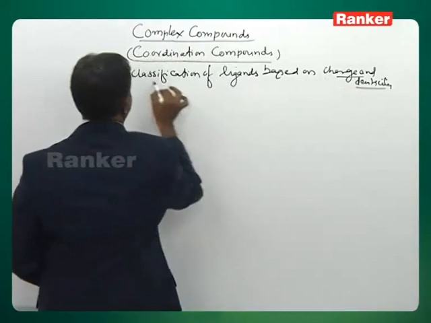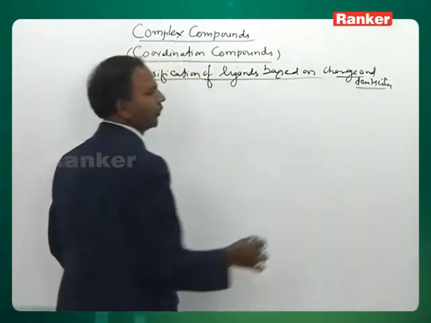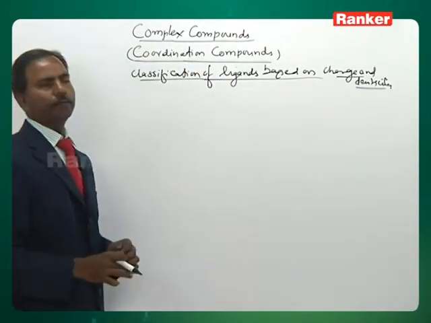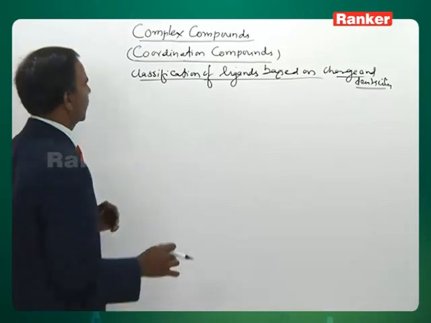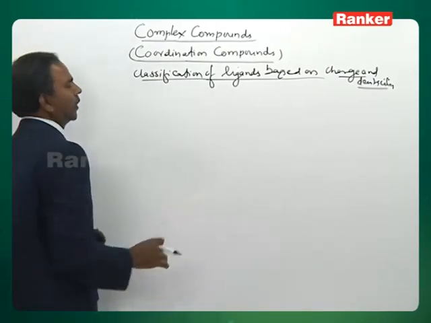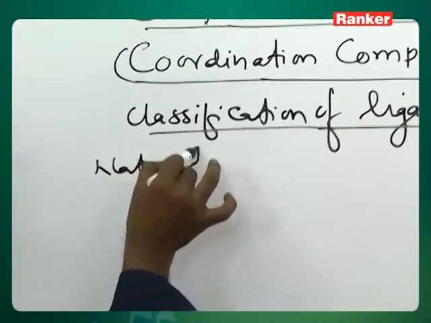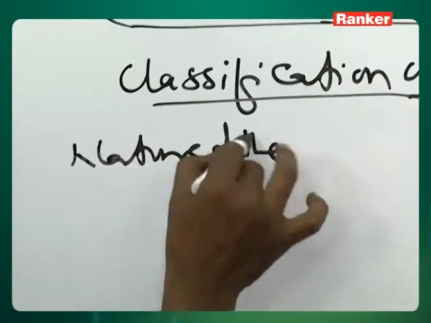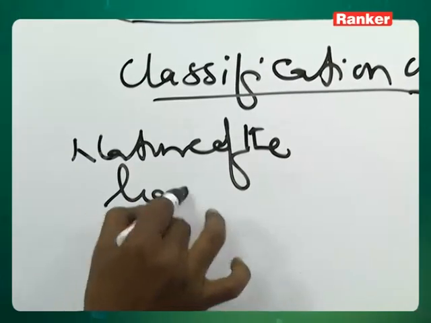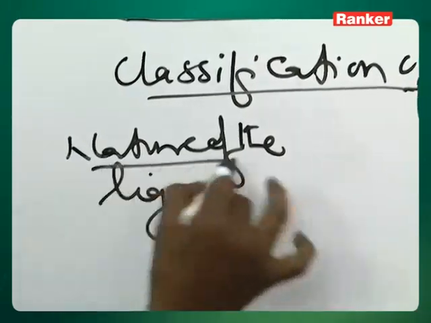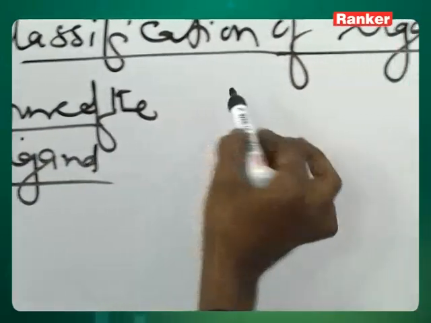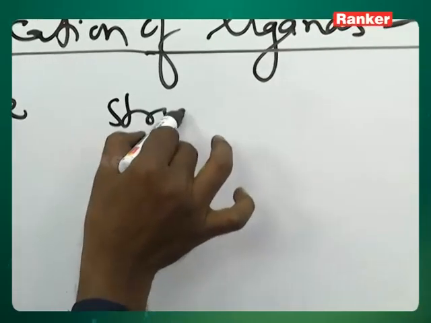Classification of ligands based on charge and density. Let me make a table. We classify different types of ligands based on this particular table. First one, nature of the ligand. Second one, structure of the ligand.